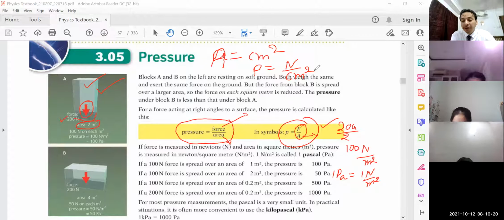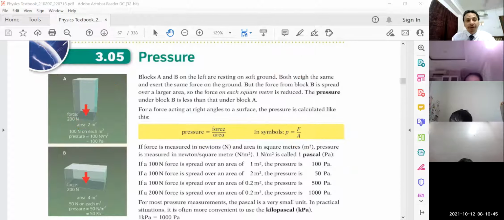Newton divided by centimeter square or Newton divided by millimeter square is okay, but if the numerical values are given in millimeter or centimeter, then the unit cannot be Pascal. Pascal is an SI unit, so area should be in meter square. I hope this part is clear.